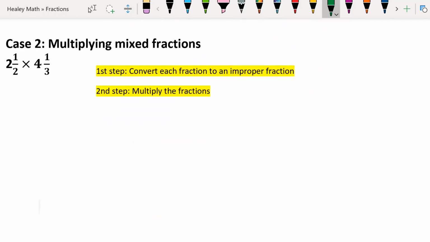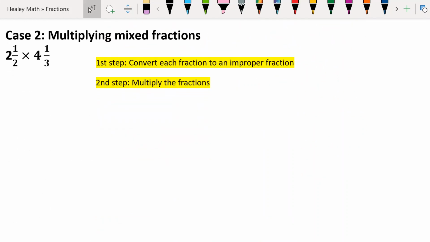Case number 2. Here we're multiplying mixed fractions. Our first step is we're going to convert each fraction into improper form. And we can do this.